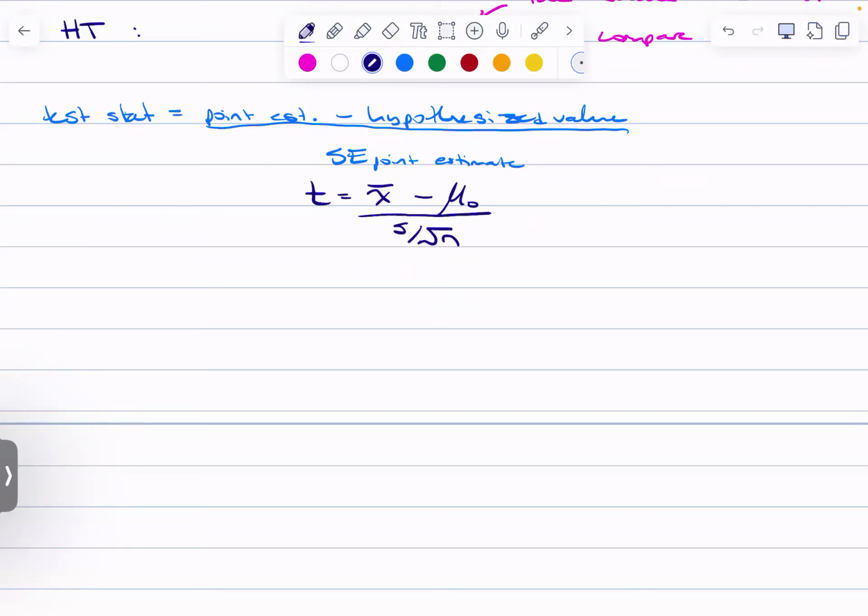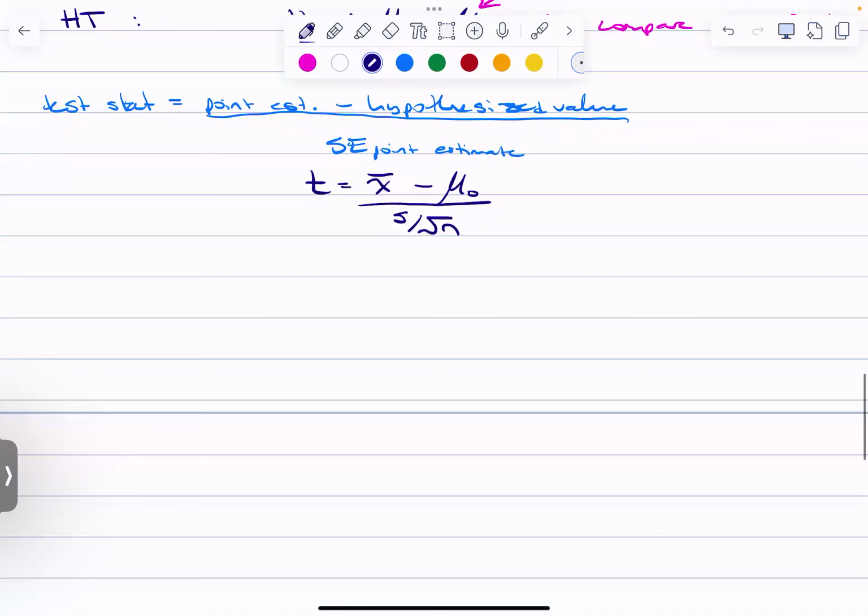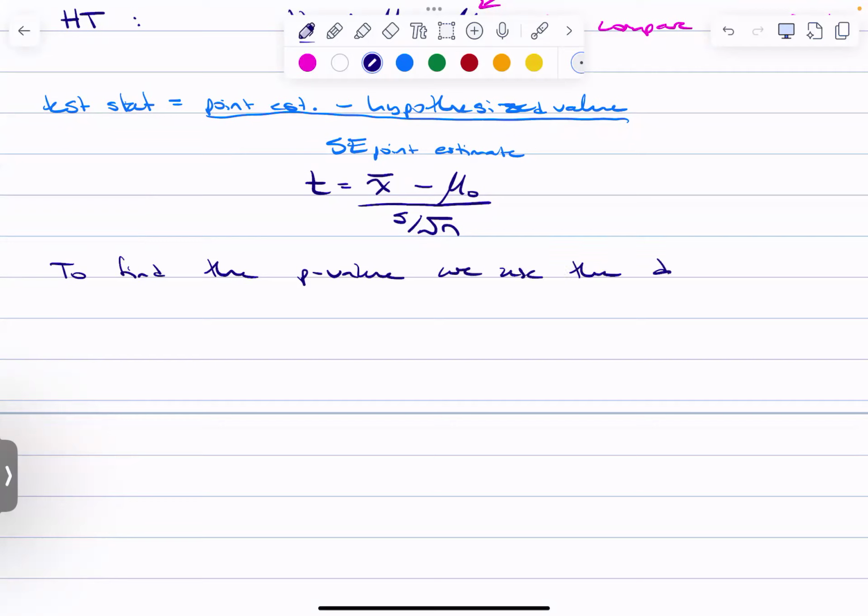Then, knowing that you have a t, you use the t distribution with n-1 degrees of freedom to find the p-value. Right? But the p-value still behaves the same. It has to match your alternative hypothesis, right? And so to find the p-value, we use the t distribution with degrees of freedom equal to n-1.